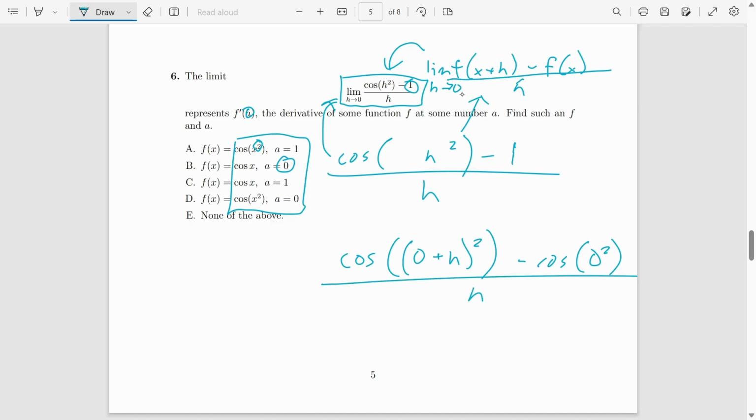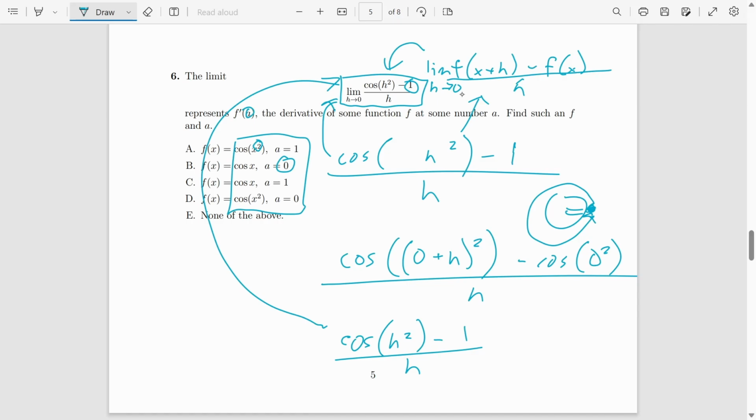Well, 0 plus h is just h, so it's cosine of h squared minus cosine of 0. If we have a circle and go all the way around, that gives back 1. So (cosine of h squared minus 1) over h looks exactly like that, so I know that f of x must be cosine x squared and a equals 0, which is D.